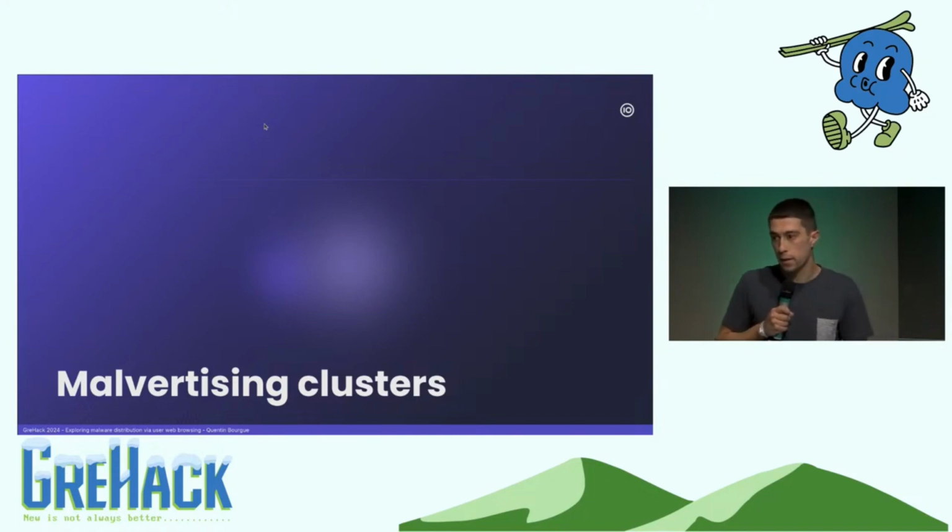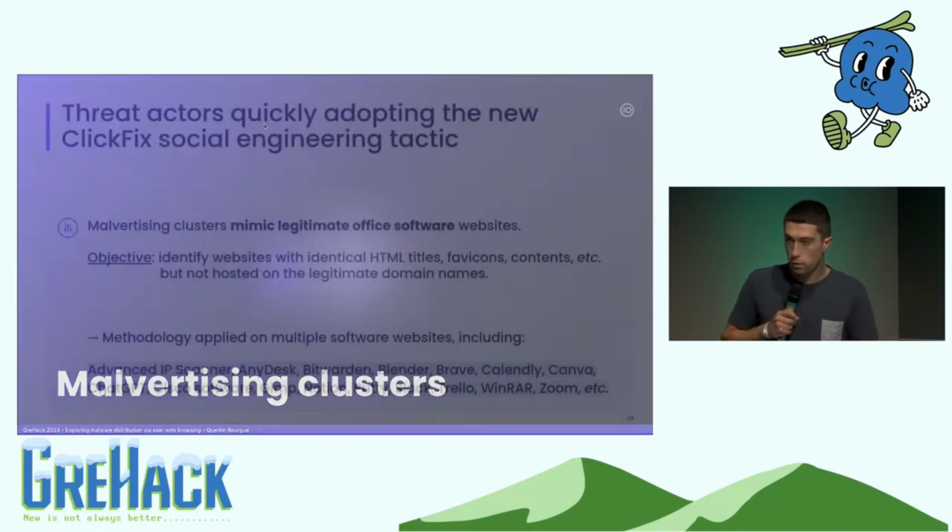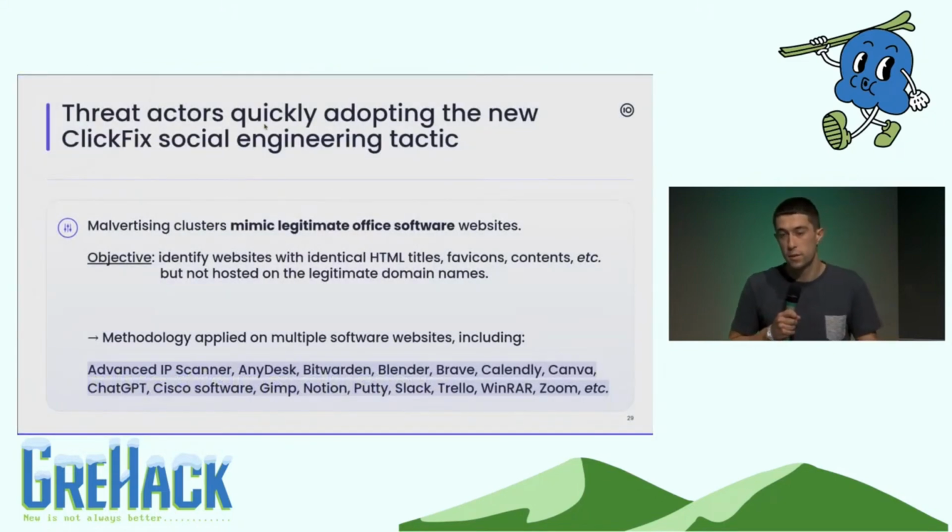In the first part, I showed you some malvertising clusters. The malvertising clusters usually impersonate some legitimate website to distribute some malware. So the goal is to find the malicious websites impersonating legitimate ones. For that, we will search for websites that use the same HTML titles, content, favicon, or else, but which are not hosted on the legitimate domain name.